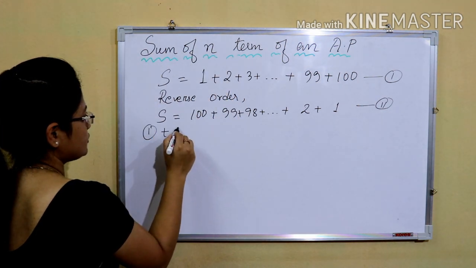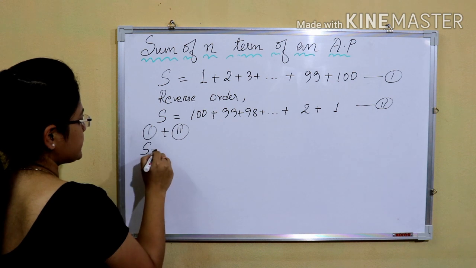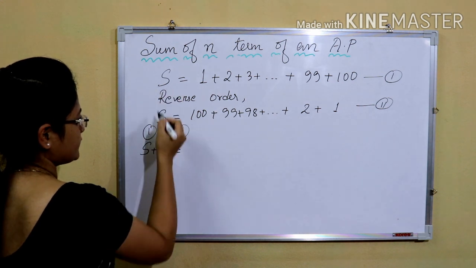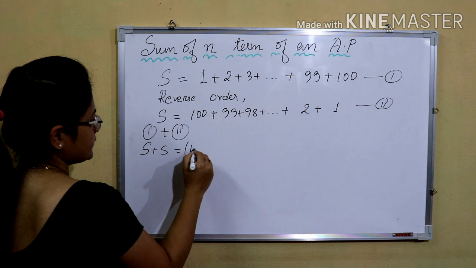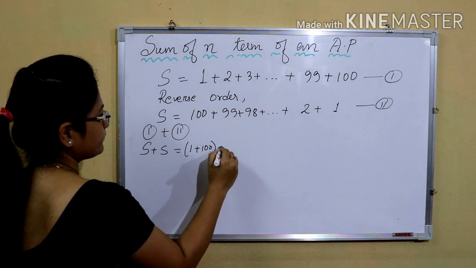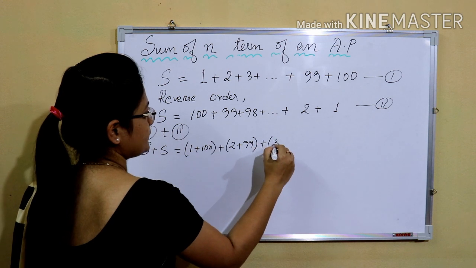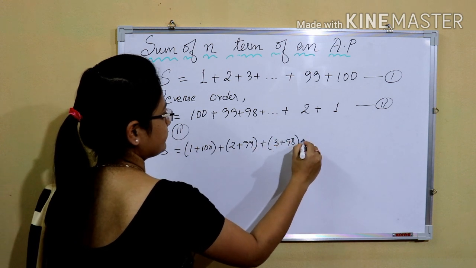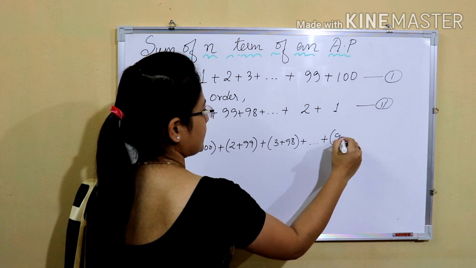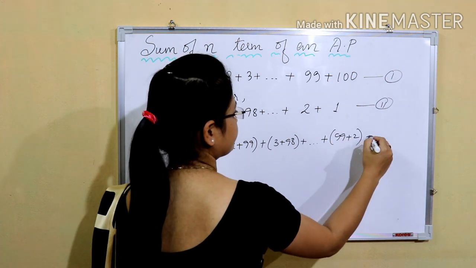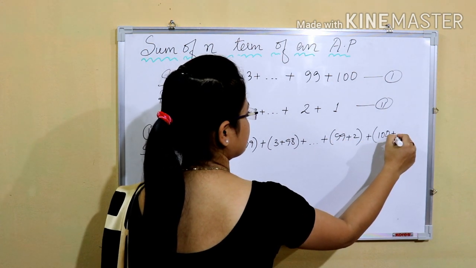Now I'll add these two equations. On the left hand side, S plus S. On the right, first we'll get 1 plus 100, 2 plus 99, 3 plus 98, ... 99 plus 2, 100 plus 1.